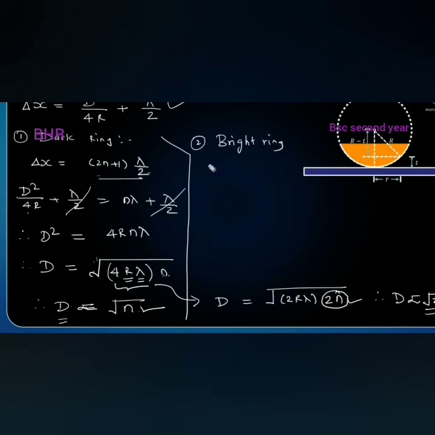The condition for the bright ring: bright ring means constructive interference or the condition for maximum intensity. The condition for maximum intensity is delta x equal to n lambda.